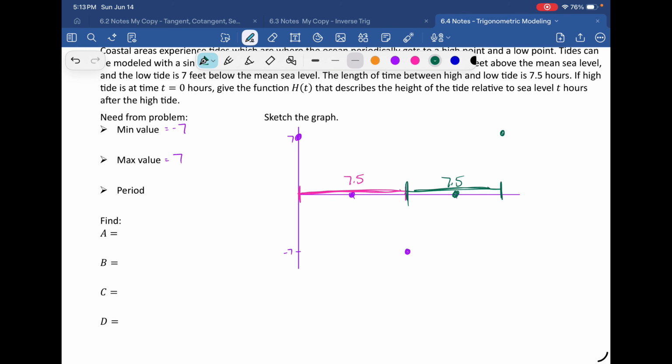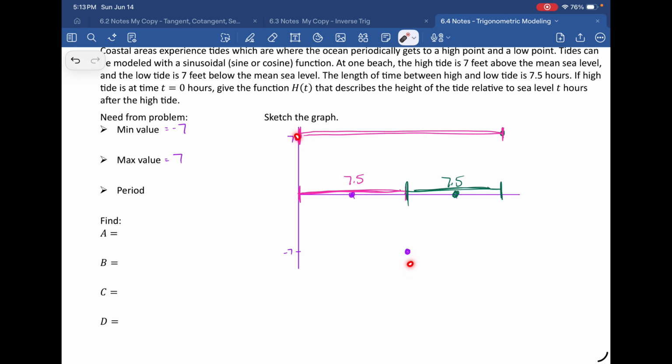When we did graphing sine and cosine, I told you high to high, low to low, or 3 mids. I have 2 highs right here. High to high, I want this distance. Well, high to low is 7.5, low to high is 7.5, which means that total distance is 15 hours.